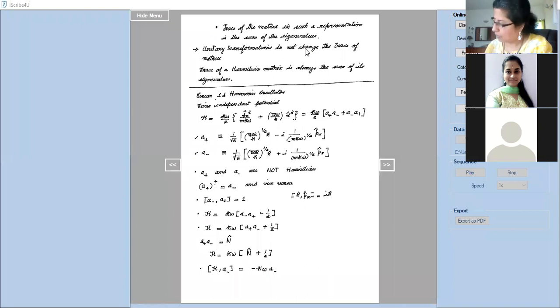We also did the commutator relation between H and A plus, and here we got h cross omega A plus. So this was where we were. I had gone one step further, but I will start today's fresh stuff from this point onwards.